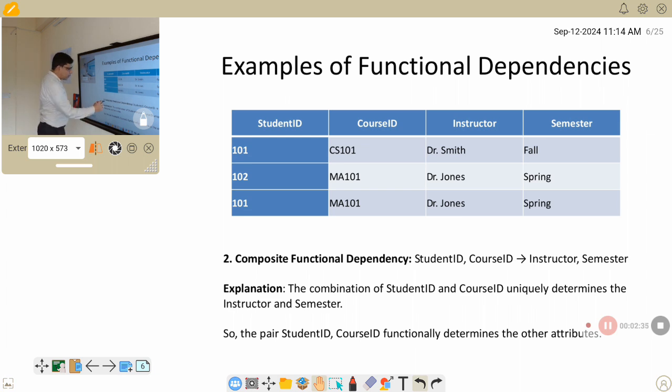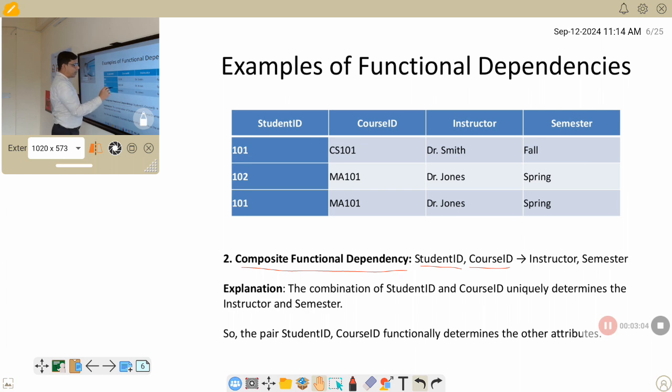Next, the composite functional dependency. Here, the student ID and course ID are two attributes. One attribute cannot uniquely identify the other attributes. Here 101, 102 and again 101, it cannot uniquely identify the other attributes because here it is MA 101, Jones and Spring, and 101 again CS 101.